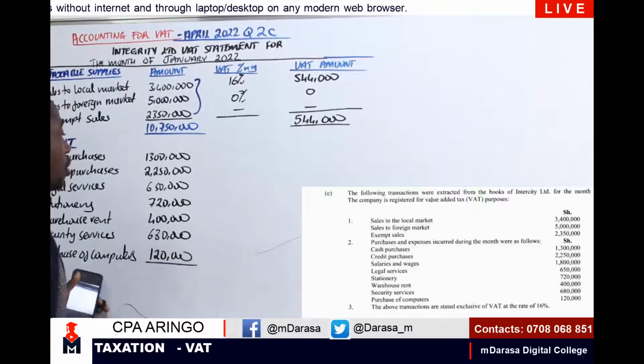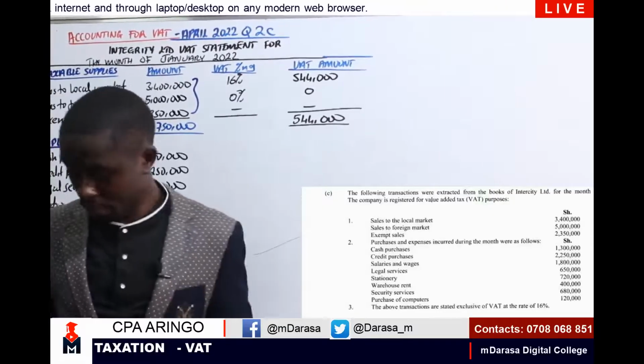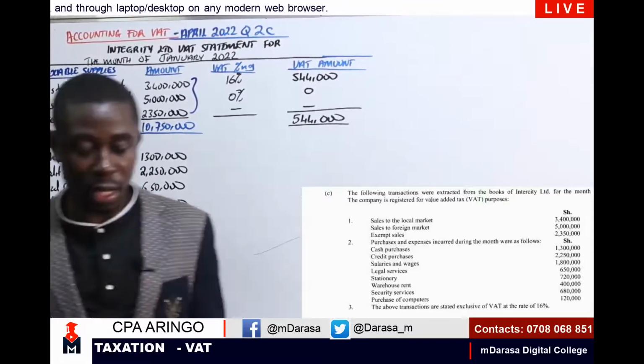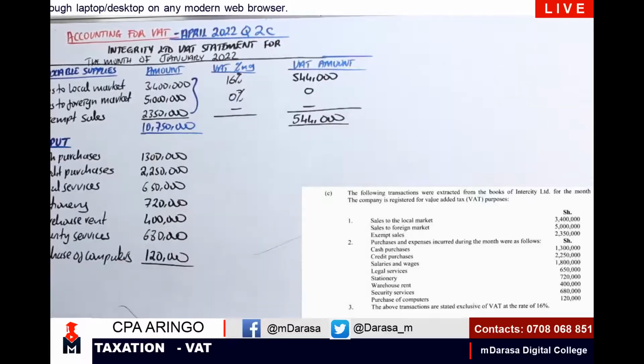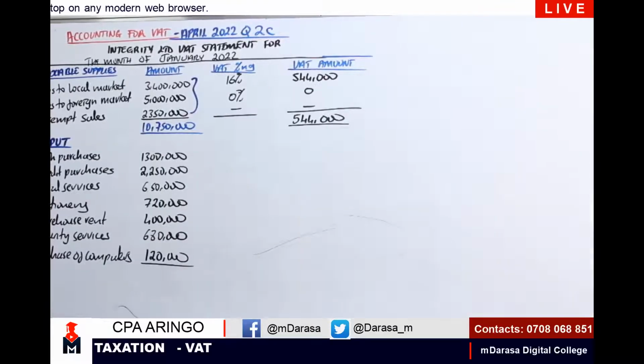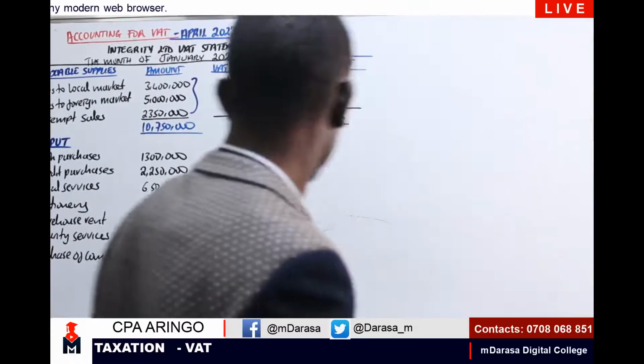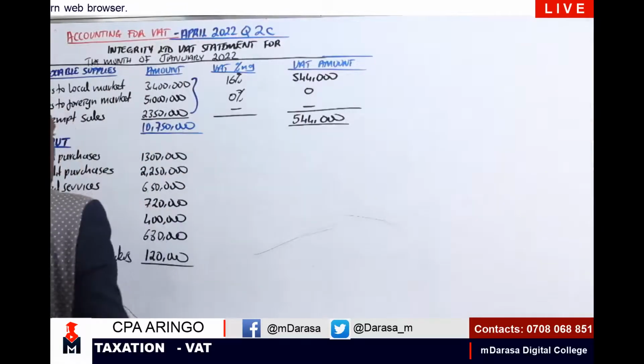So you are told that all our figures are exclusive of VAT. So therefore, confidently, I can just remove this part of ours here because now we have all our data required. So talk of 16% here.